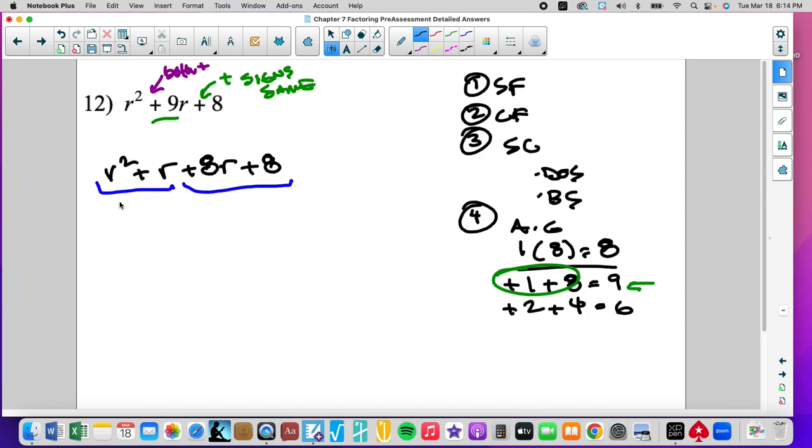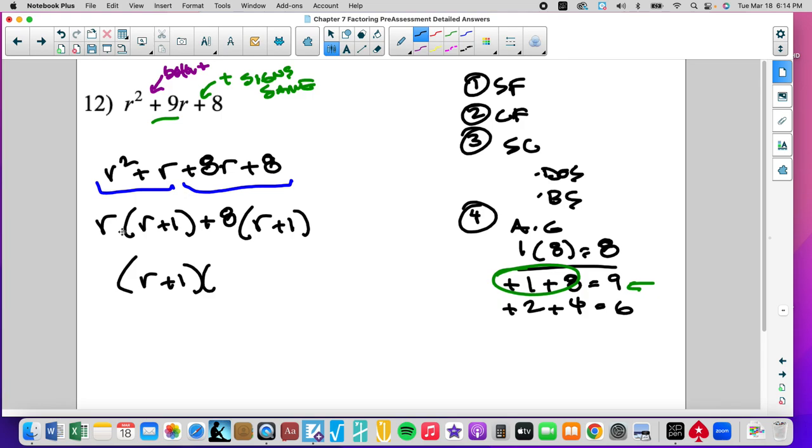What is the common factor between r squared and r? That would be r. If I take an r, that leaves me with r plus 1. Let's look at 8r and 8. Common factor is 8. That leaves me with r plus 1. Are the two parentheses the same? Yes, they are. R plus 1. If we factor that out, I'm left with r plus 8.